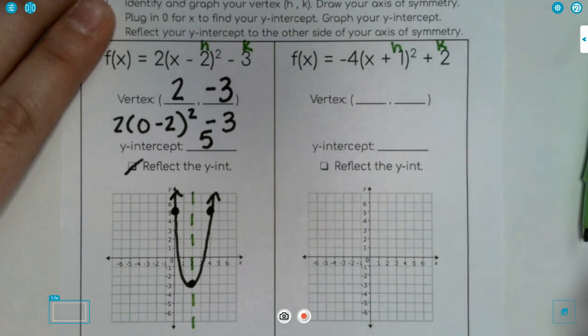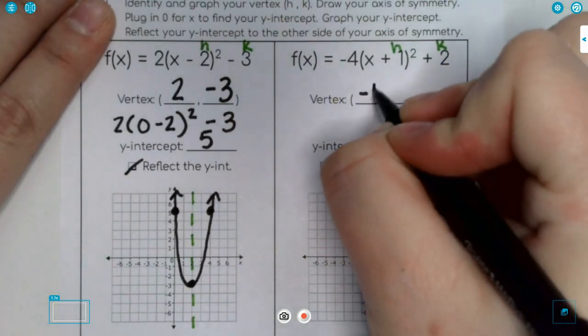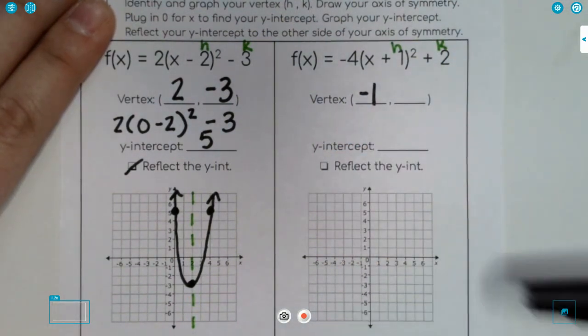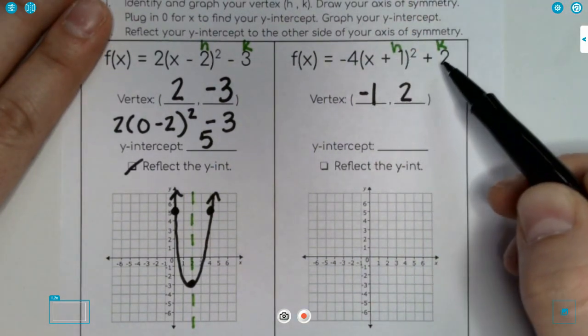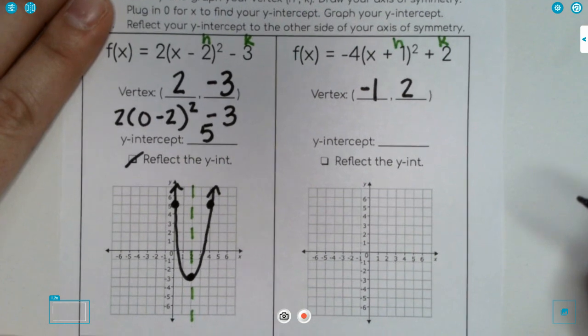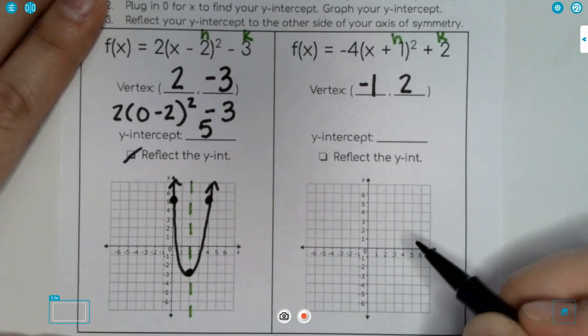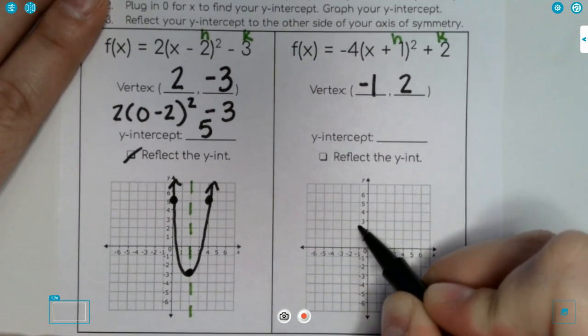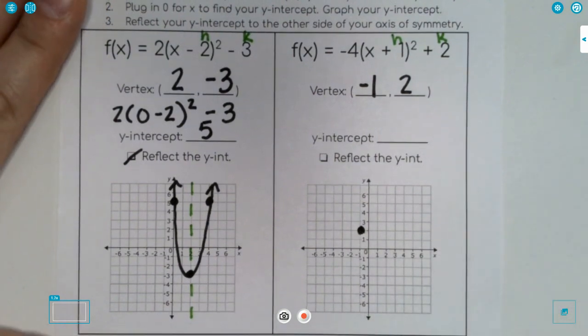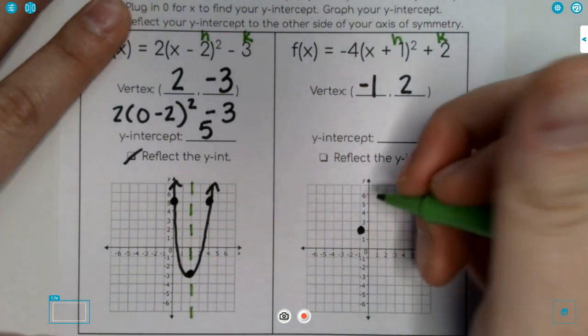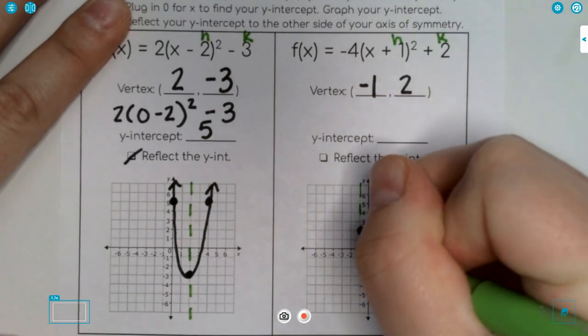So my vertex, h here is going to be negative 1, k is positive 2. So my vertex is (-1, 2). So I go left 1, up 2. And while I'm on my vertex, I'm going to draw my axis of symmetry.